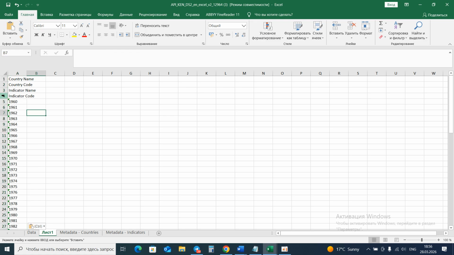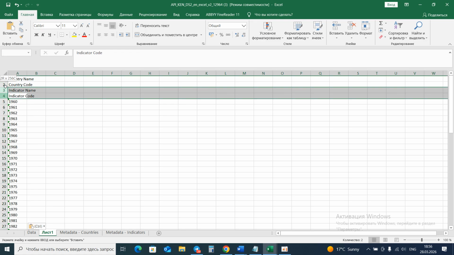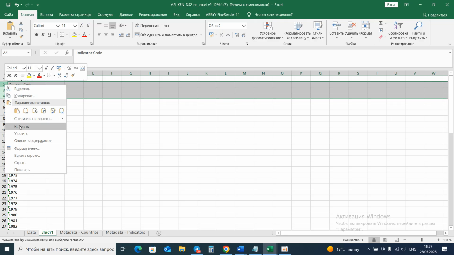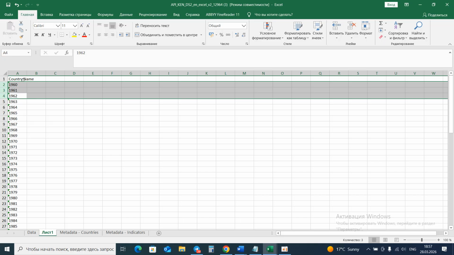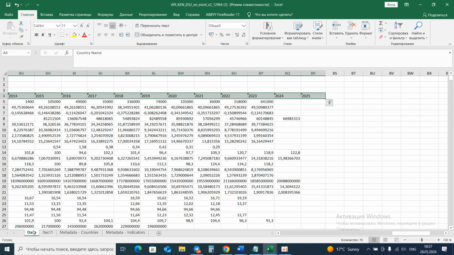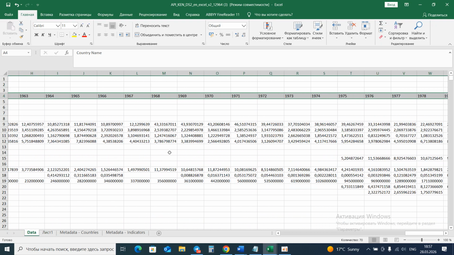Here, we remove unneeded part and rename our variable name. That will be years. Yes, great. And the same thing will be done with all of them.